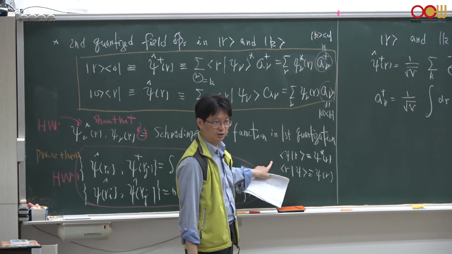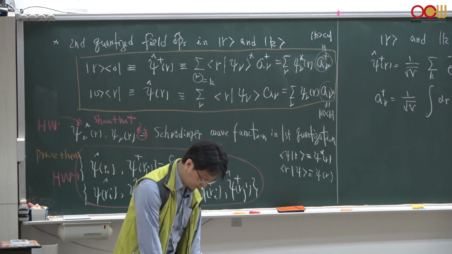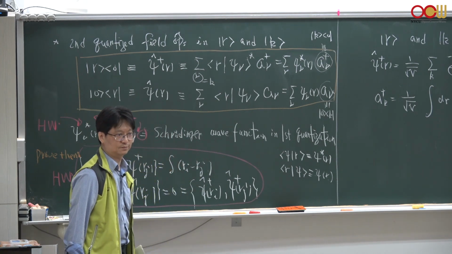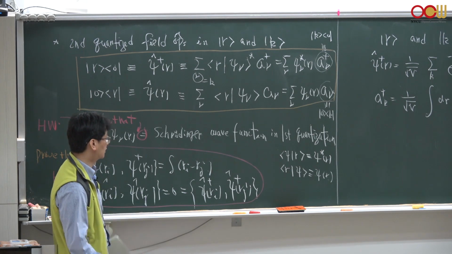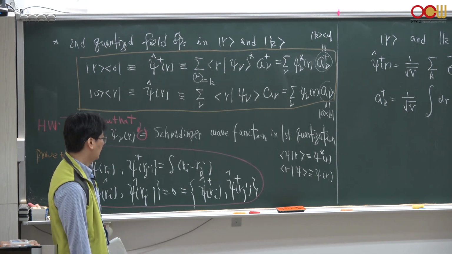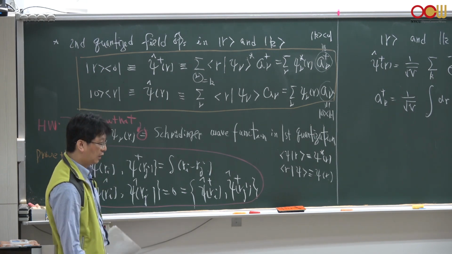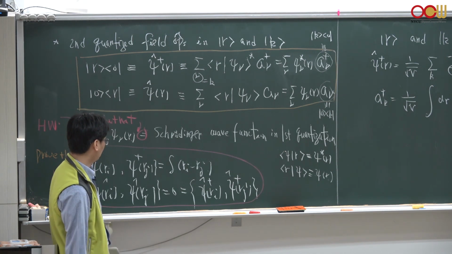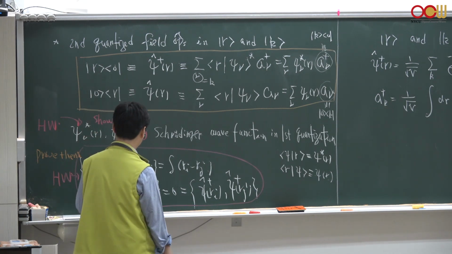The only technique that we use so far is just the Dirac notation, nothing more, and the matrix representation of the operator. Everything else follows from this Dirac notation and the matrix form of the operator.